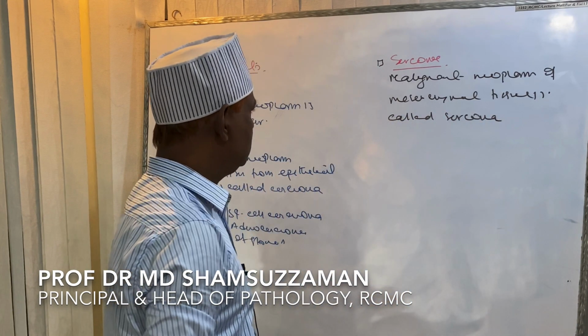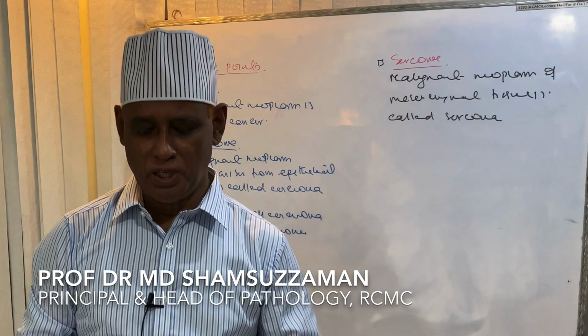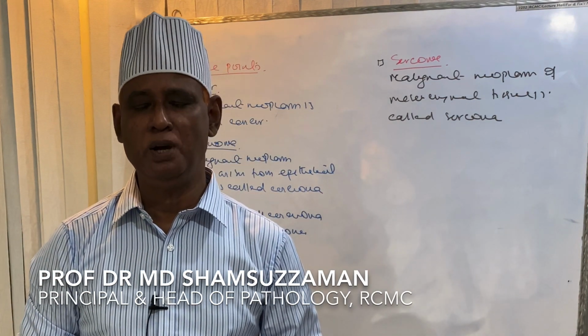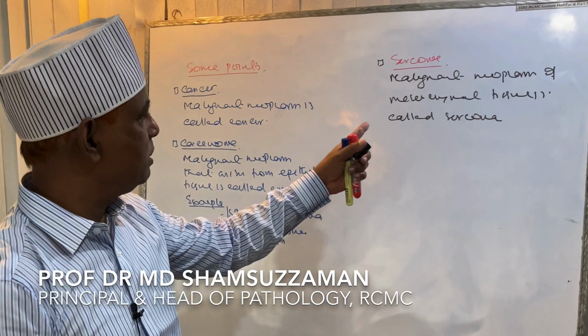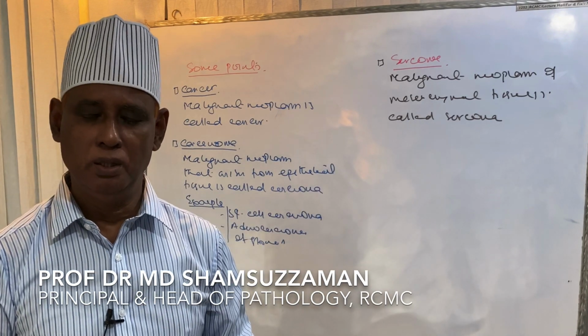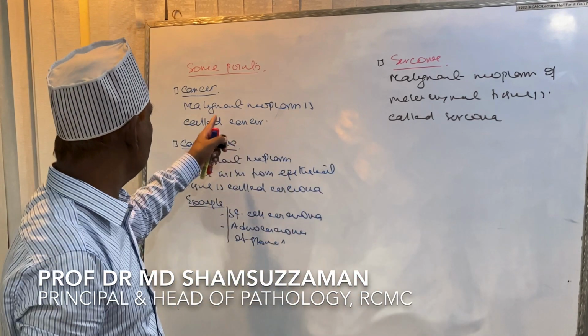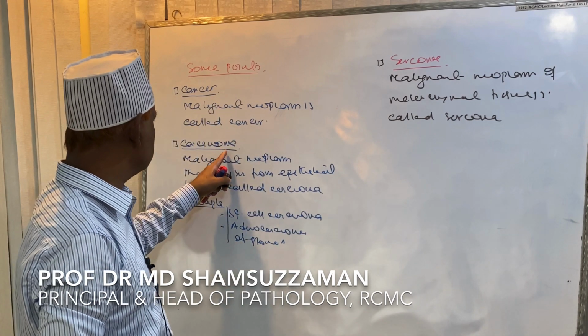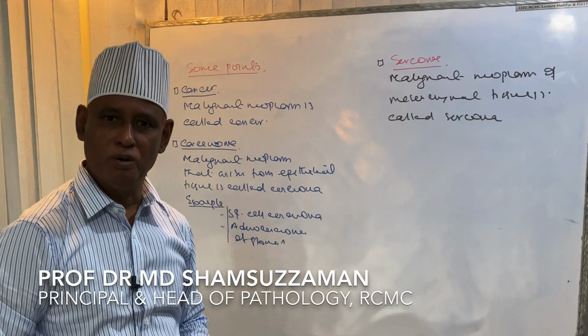Dear audience, if the malignant tumor arises from the epithelial tissue, it is called carcinoma. If it arises from the mesenchymal tissue, it is called sarcoma. So, malignant tumor or cancer may be carcinoma or may be sarcoma.